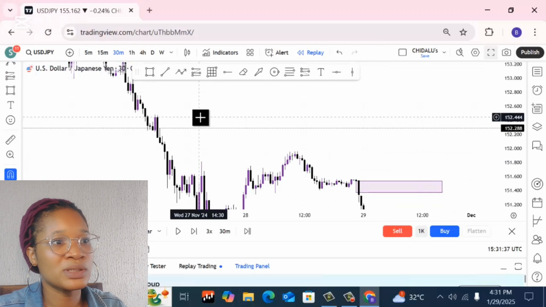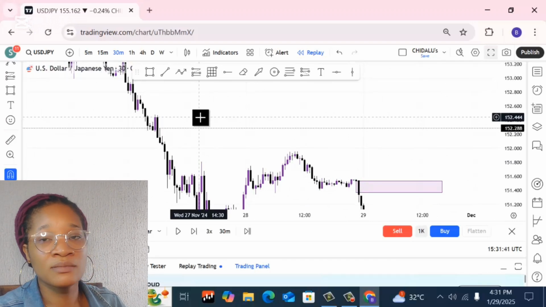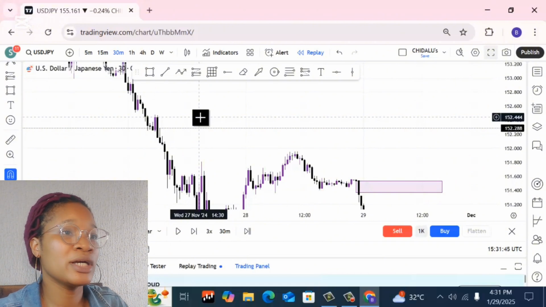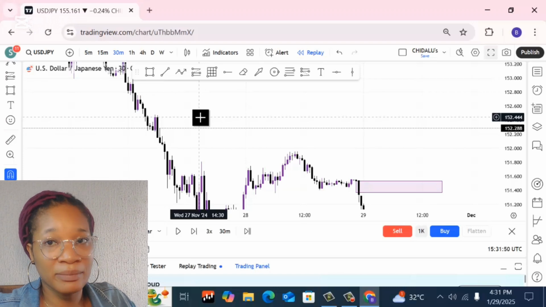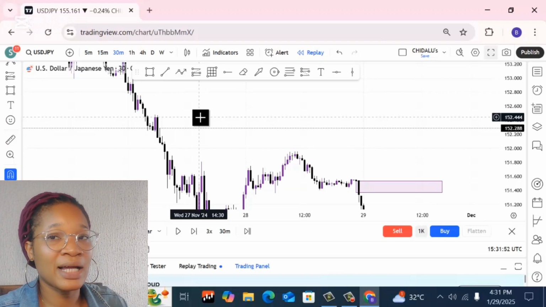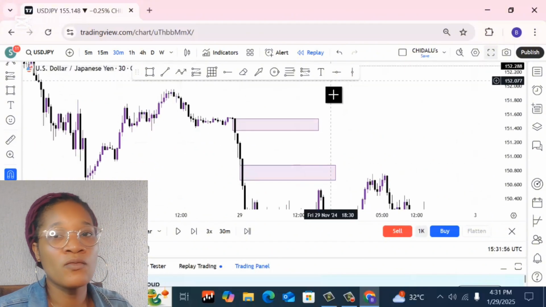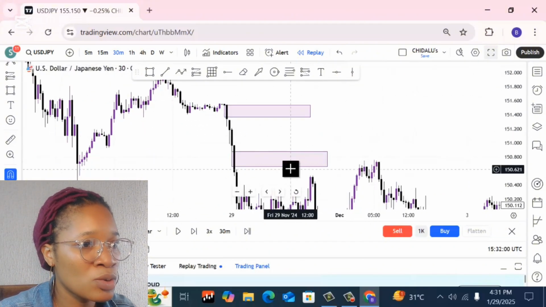So in this case, all I want to be looking out for is bearish fair value gaps, not bullish ones. If I see a very large buy candle or a fair value gap, I wouldn't be paying attention to it, because in this case we are in a downtrend, right? So I have spotted about two fair value gaps.